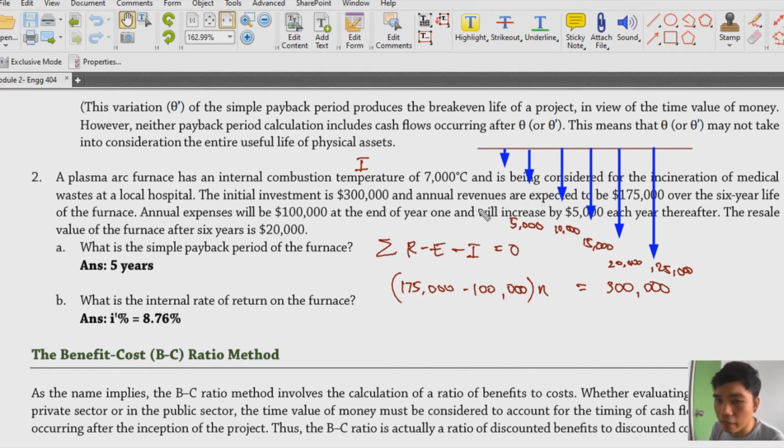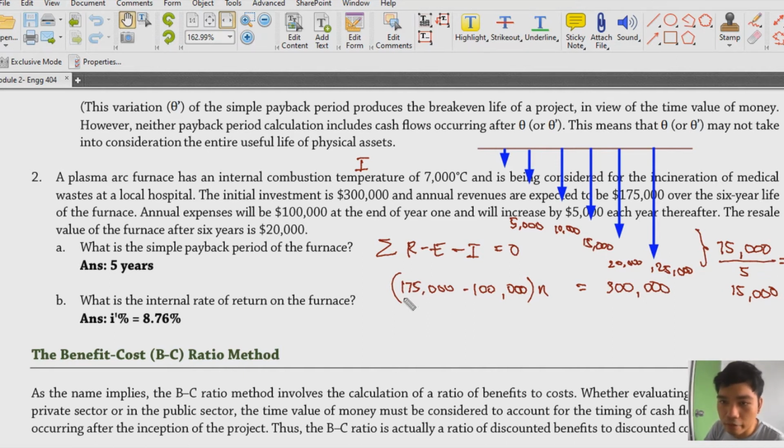So the only way you can deal with this gradient is to add all of them: 5,000 plus 10,000 plus 15,000 plus 20,000 plus 25,000. This gives you a total of 75,000. Okay? 75,000. And then we take the average, so we divide this by 5. This gives you 15,000 per year. So apparently, this 15,000 is an addition to your expenses.